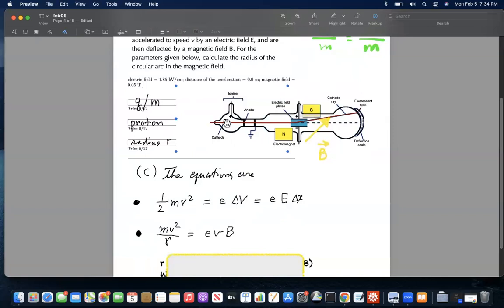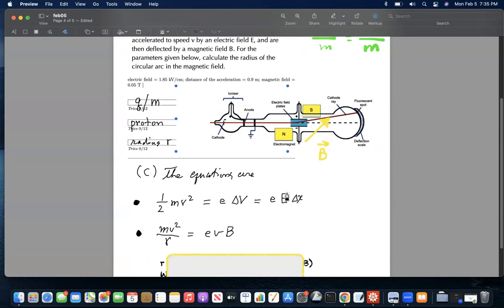The electron was accelerated in this electric field, so 1/2 mv squared, the final kinetic energy, would be the amount of potential energy that it picks up by going through the potential difference, delta V, times its charge, which is E. So 1/2 mv squared will be E times delta V. And delta V, you know from chapter 16, is the electric field times delta X, the distance that it was accelerated.